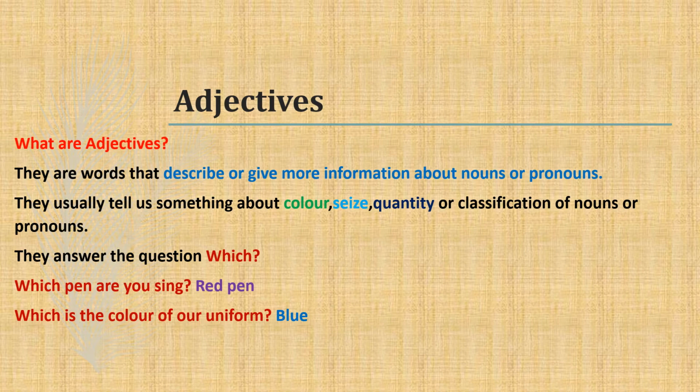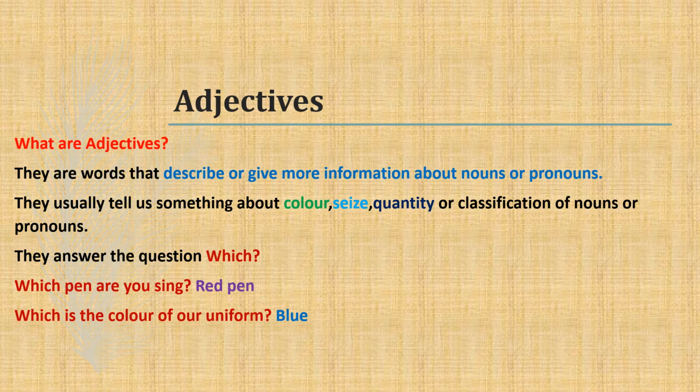They can also talk about quantity or even classification. One reason why adjectives are important is because they tell us which color you are talking about, which size you are talking about, or quantity.